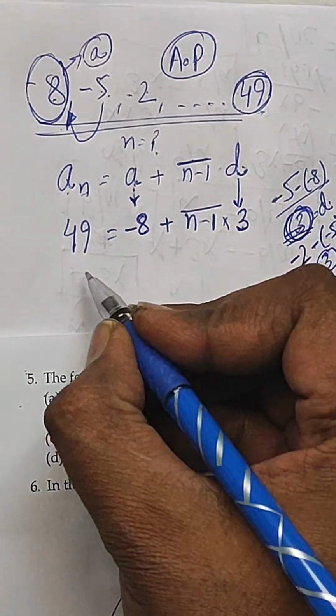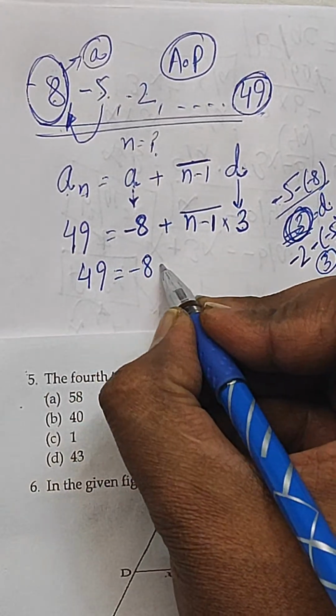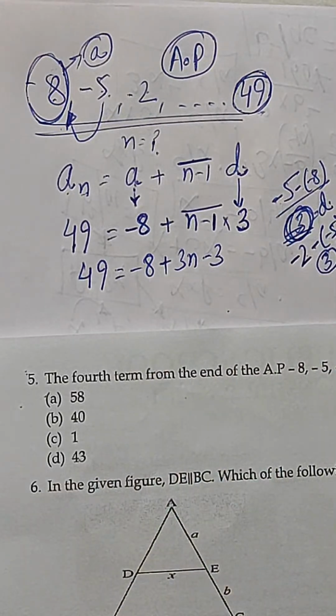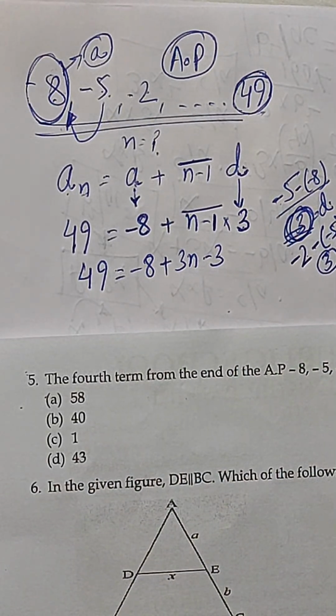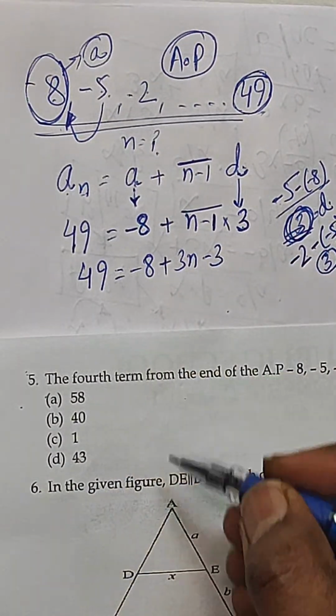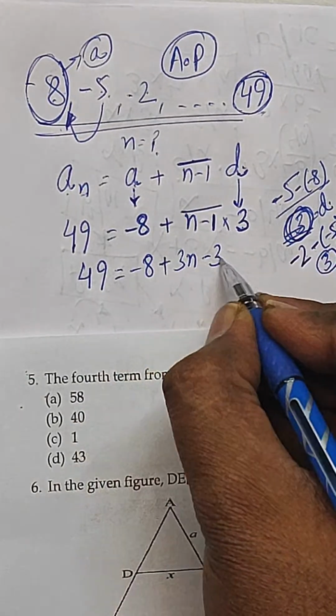When you solve it, it will be 49 equals minus 8 plus 3n minus 3. These 1 mark questions, you should concentrate on them, my dear friend. Basically these will be the scoring questions. So minus 8 minus 3 is minus 11.